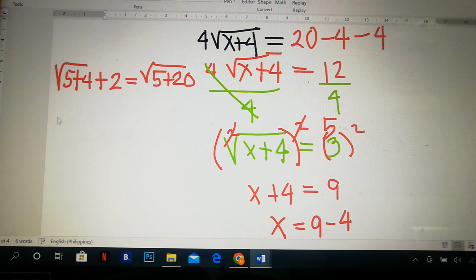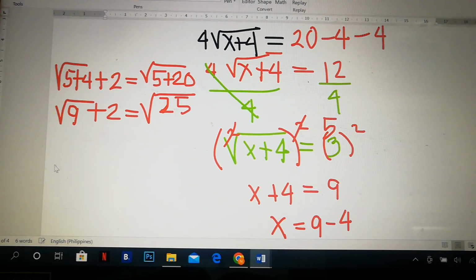Okay, so square root of 9, so 5 plus 4 is 9, plus 2 is equal to square root of 5 plus 20 is 25. So square root of 9 is 3, plus 2 is equal to 5.